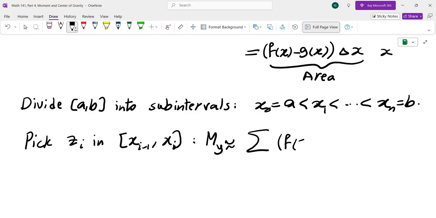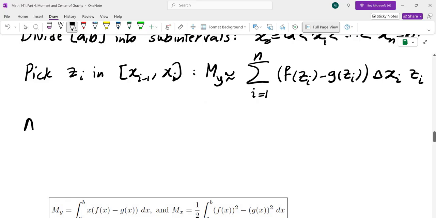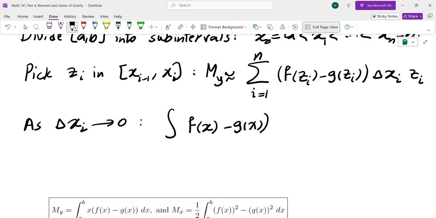And then we can approximate the moment with respect to the y-axis by the sum of these formulas. So f of z_i minus g of z_i, delta x_i, times z_i, i equals 1 to n. As we let delta x_i go to 0, we get the integral of f of x minus g of x times x, because there's a z at the end.